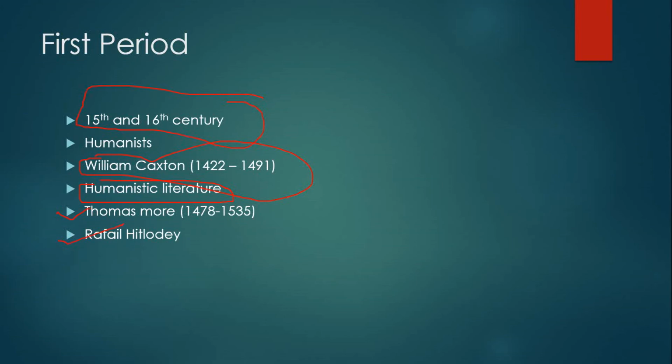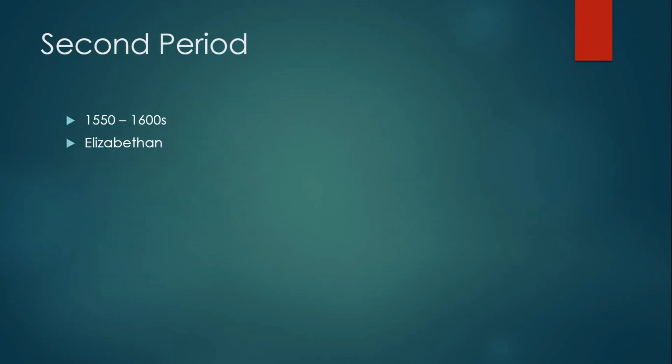Okay. Then we move to the second period. The second period of English Renaissance was the so-called Elizabethan, and it covers the second half of 16th century and the beginning of 17th century, right?